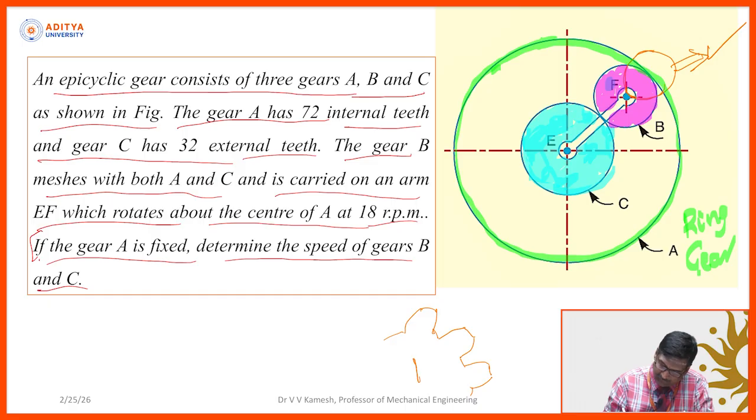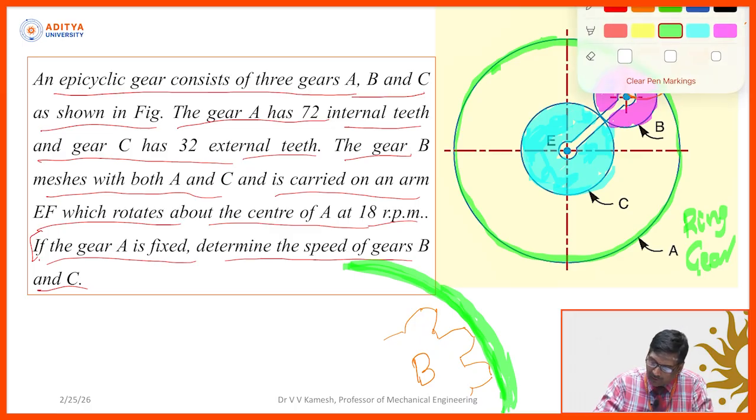This is regarding gear B. Now, what about the ring gear A? The ring gear will be like this. I am drawing it with the green color.